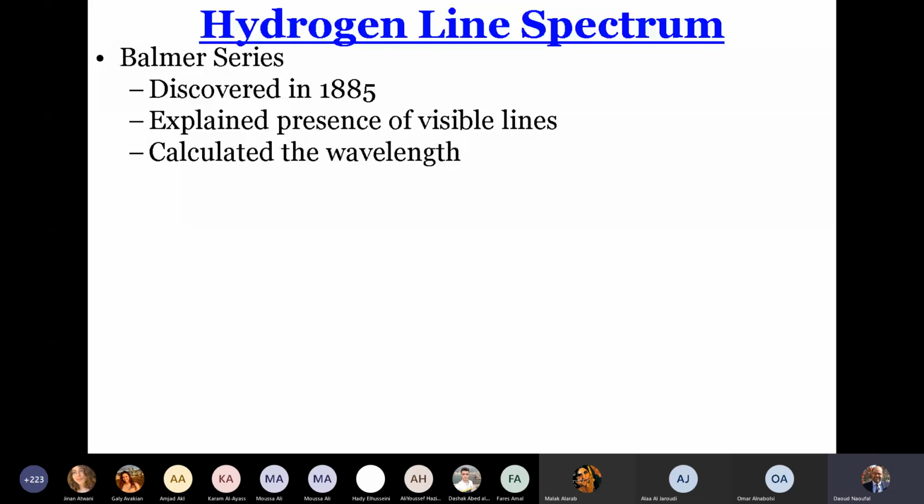In 1885, Balmer and Rydberg discovered a formula that allowed us to calculate the wavelengths of the radiation emitted. It explained the presence of the visible lines and it calculated the wavelengths.